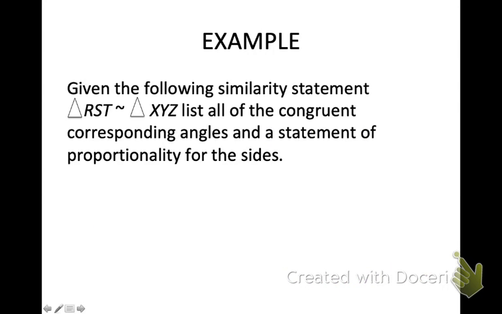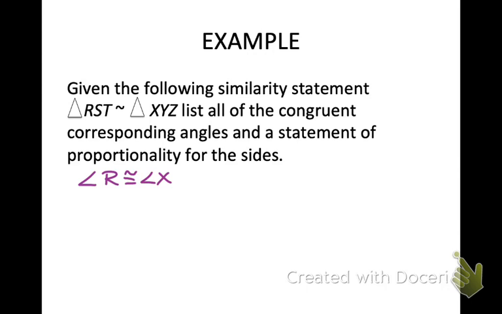Given, so let's kind of flip it. Here we were checking all of our corresponding angles to see if they are congruent, and we were checking that our sides were proportional. So now we're going to kind of flip that switch. Now I'm going to tell you that I have similar triangles. Can you list all of the corresponding parts? So let's start with the angles first. What angle would be congruent to angle R?